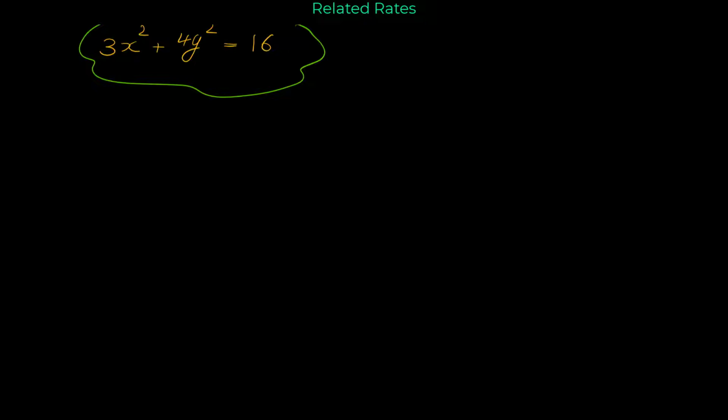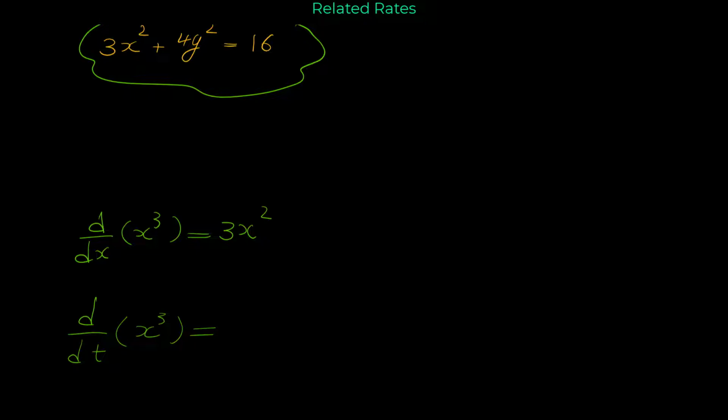For example, suppose we want to find the derivative of x³. The derivative of x³ with respect to x is only 3x². Now suppose you want to find the derivative of x³ but with respect to t.